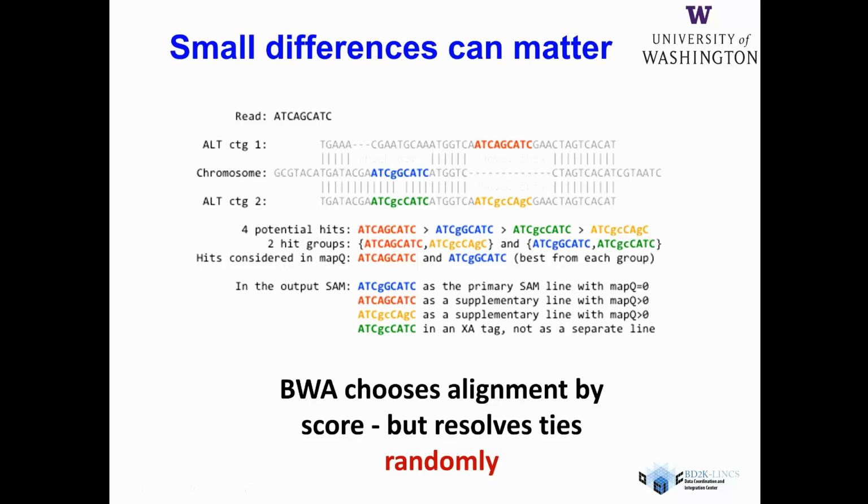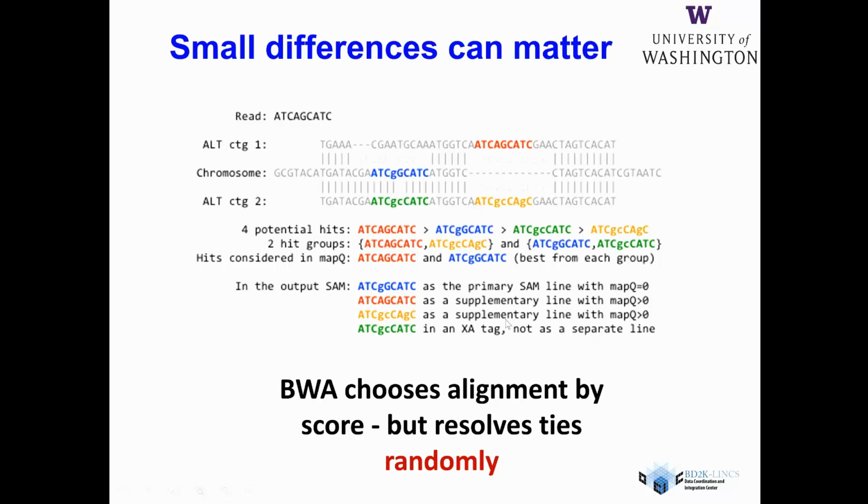Usually there's more than one possibility, and then it takes a look at the edit distance and the confidence in each base pair of the sequence to figure out the best alignment. So it gives you a primary best alignment, and for the most part, that's what we use. We just ignore the other possibilities.